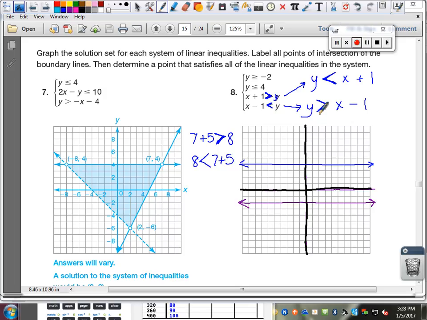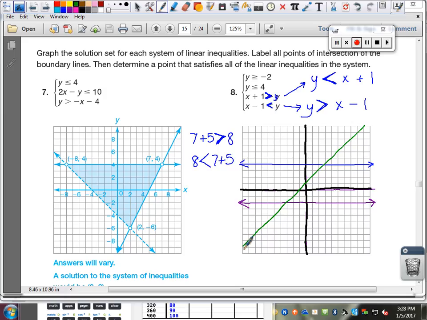Okay, so these lines, let's see, I've got x plus 1. I can graph x plus 1 in my head. If you do not graph x plus 1 in your head, that's fine. Just use your table and your calculator.